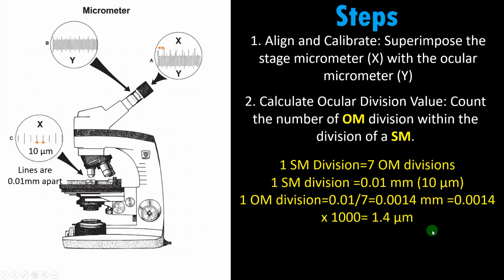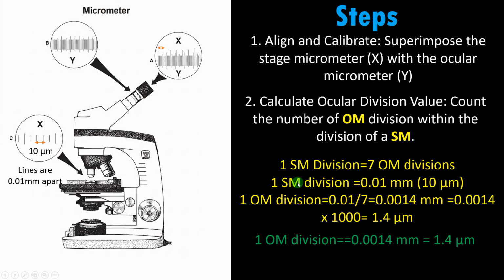So one ocular micrometer division is 1.4 micrometer in 10x. Suppose we did all these steps in 10x or lower, one ocular micrometer division is equal to 0.0014 millimeter or 1.4 micrometer. So we have calibrated the ocular micrometer division in 10x using a stage micrometer.